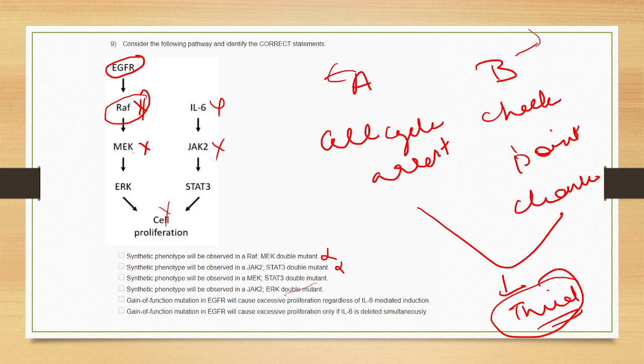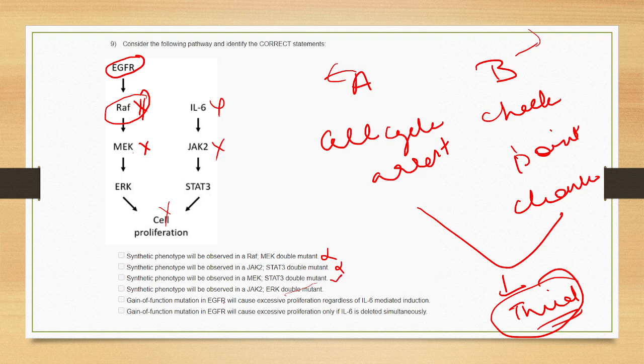Always remember, it will show only when it is a double mutant. That means at least two mutations have to be there in two genes. If there is just one mutation and the other gene is functioning normally, then it is not a synthetic phenotype. Synthetic phenotype is when you are taking two genes of two different pathways and both the genes are mutated. Okay, so this is correct.